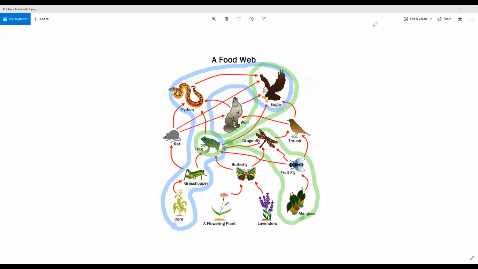When we write this in a linear fashion from left to right, you will see that the frog is going to overlap. So if we have corn, let's do this in blue.